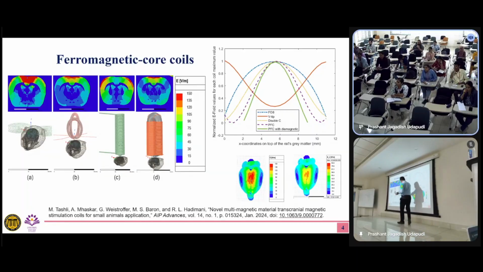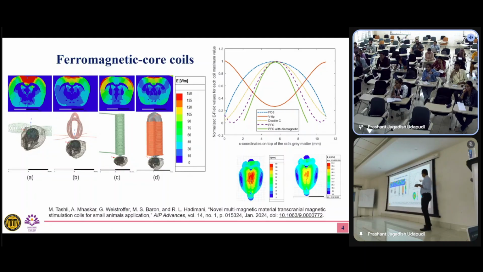So if you put a diamagnetic material surrounding this, it will deflect all the unwanted field. So we made basically a plate with a hole, and that hole is left just here, and the plate, because it's diamagnetic, will deflect all the unwanted fields coming on the other part of the brain of the rat.